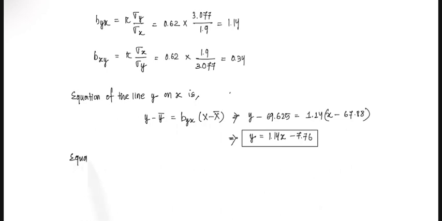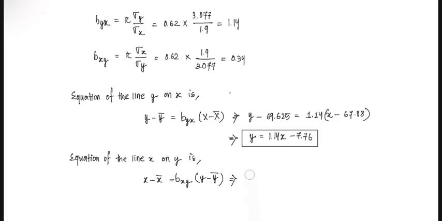Then the equation of the line x on y is x minus x bar equal to b, the slope of x on y, times y minus y bar.